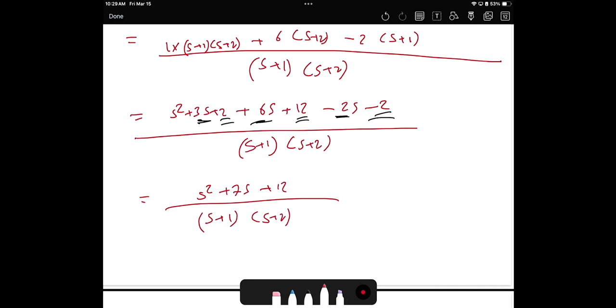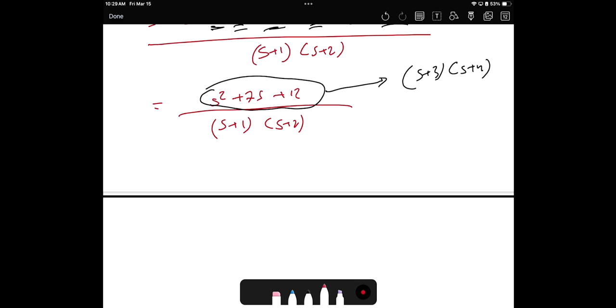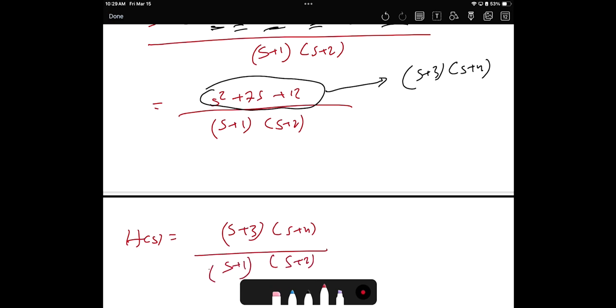We need to make it into a root format so we can find the poles and the zeros. So what are the roots of this one? You can use the general quadratic equation or try to see. We will realize it is (s plus 3)(s plus 4). Then I'm going to rewrite this: H(s) is (s plus 3)(s plus 4) divided by (s plus 1)(s plus 2).